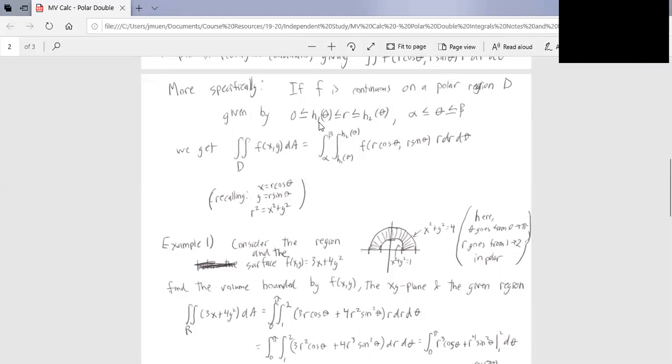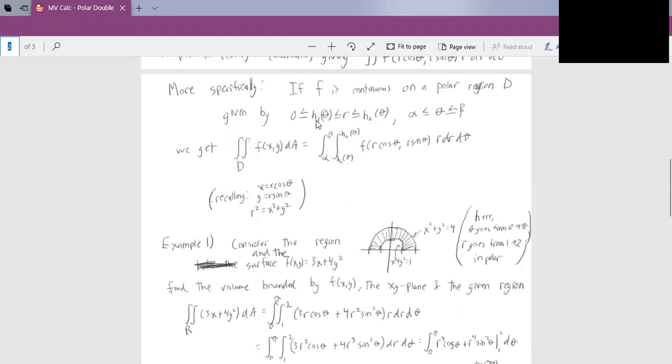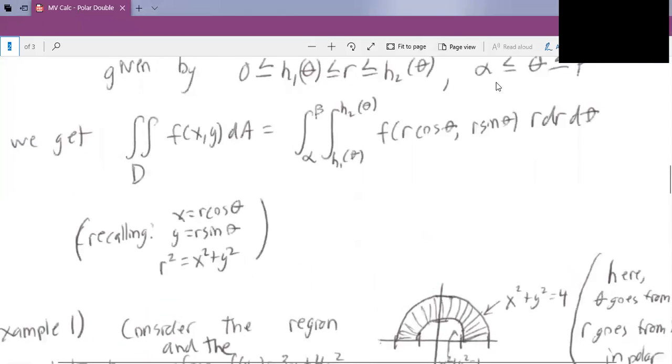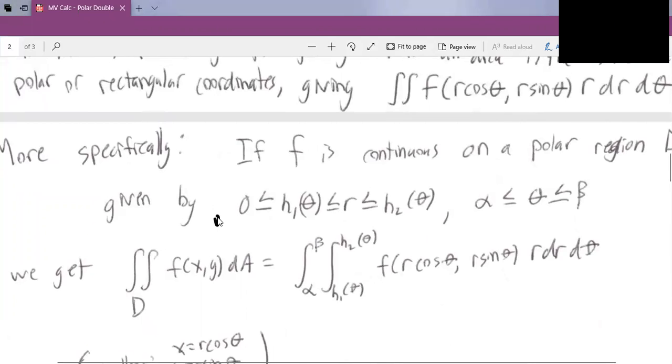This 0 less than or equal to h1 of theta is only really necessary if h1 of theta is a constant. Yeah, so that's me spending way too long trying to write that with a mouse.